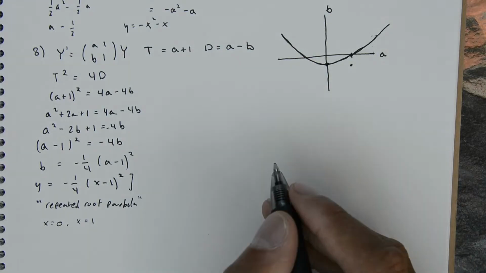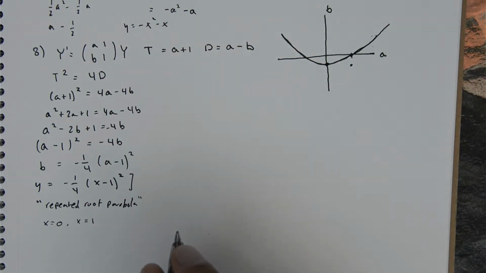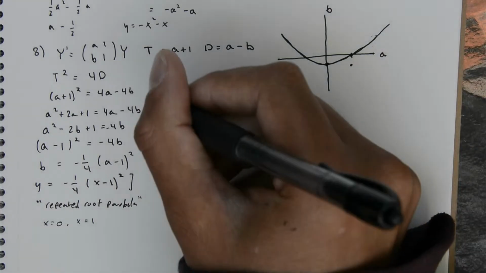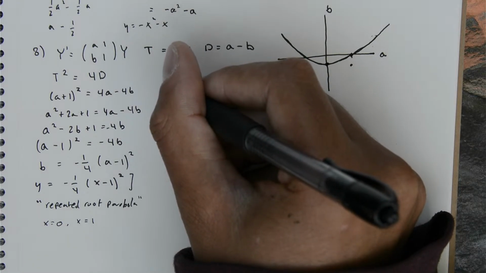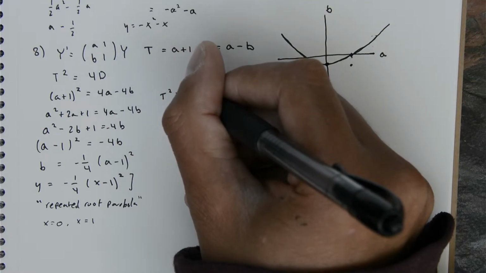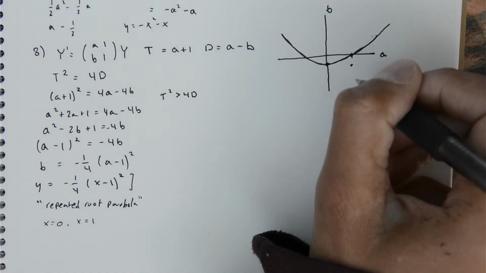And so if t squared is greater than 4d, will we be above this graph or below this graph?